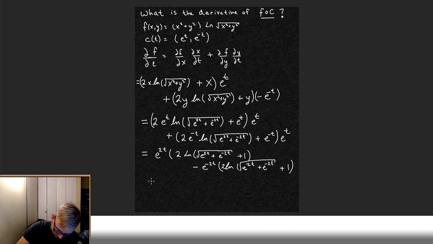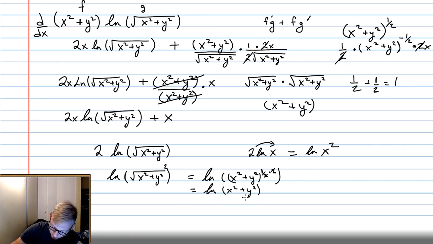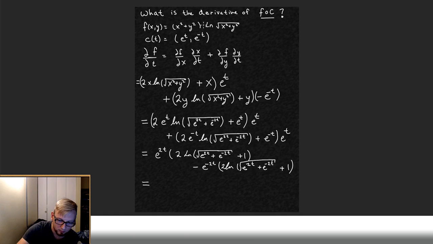Now, we can simplify this to get the answer. Since these will become the log of the x squared plus y squared, I can then break it up into 2 pieces. So these two are the same, if you've noticed. That means we've got e to the 2t minus e to the minus 2t in one bracket.